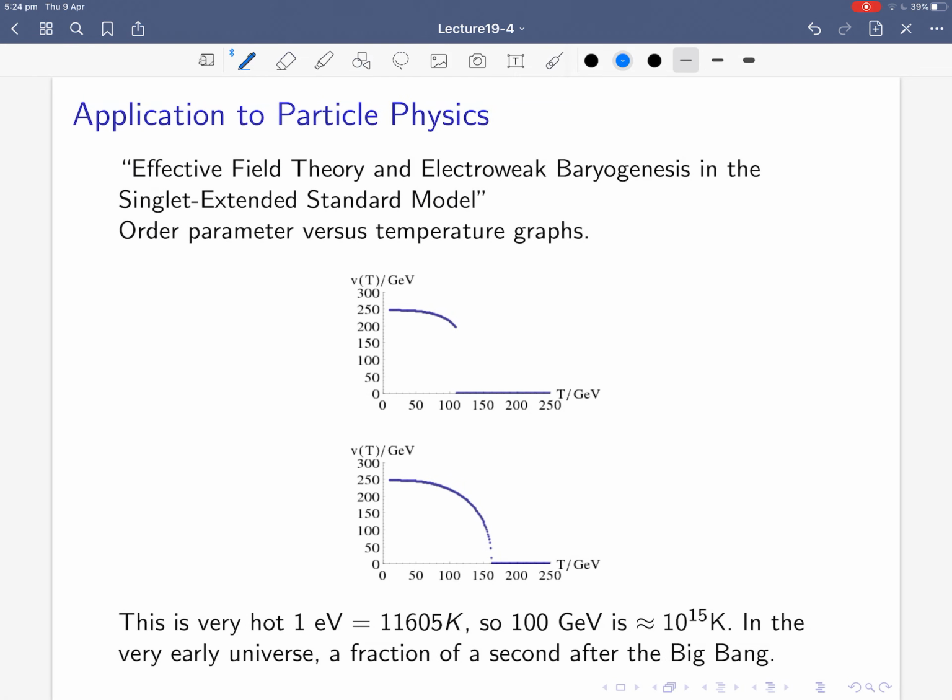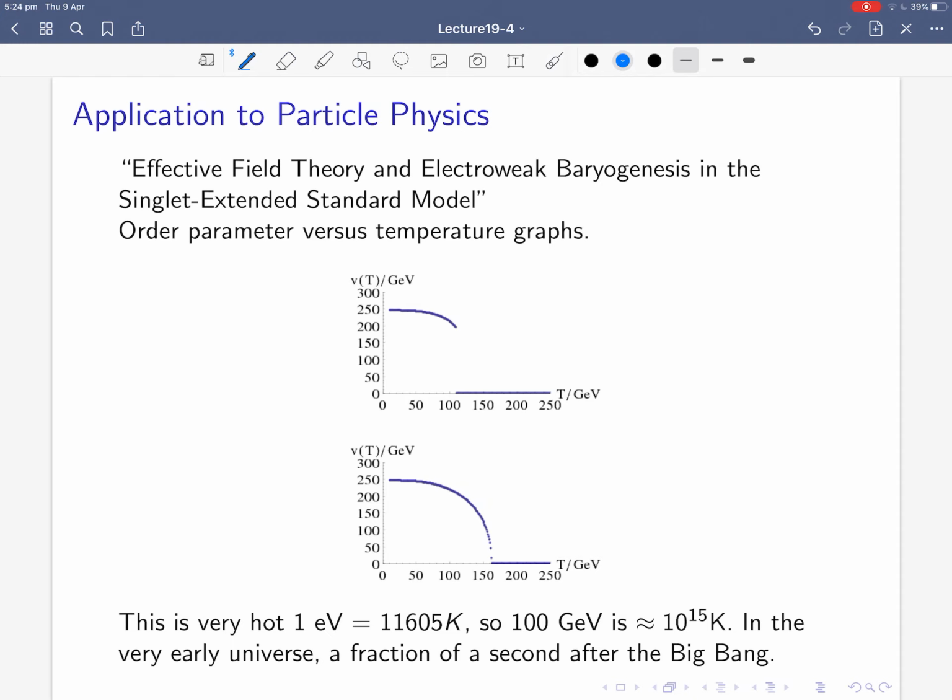And let's finish by looking at an application to particle physics. This kind of stuff, first order transitions, second order transitions, Landau-Ginzburg free energies, is all over physics, not just in stat mech, but also in condensed matter and in particle physics.